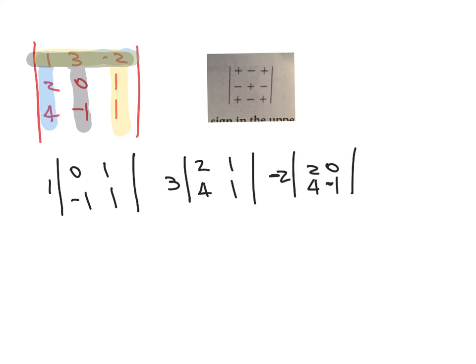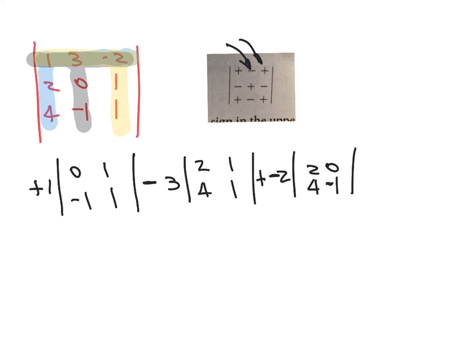This here has a plus sign, so I'm going to put a plus there. The next sign is a minus sign, and the next sign here is a plus sign. So that tells me that I'm going to subtract this minor from this one and then add that one.